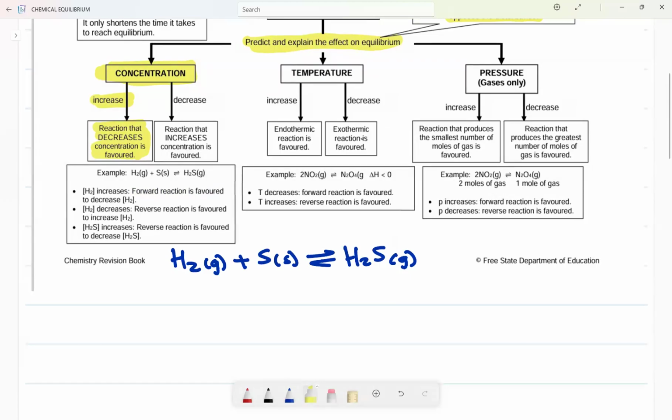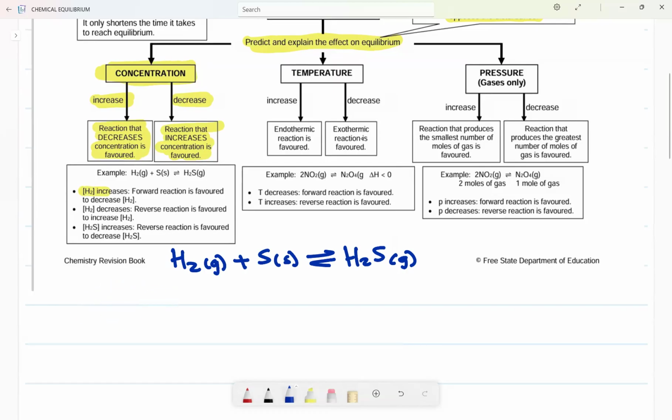We are saying the reaction that decreases concentration is favored if there is an increase. But if there is a decrease, it means the reaction that increases concentration is favored. Now, let me explain this. We're going to be using this bracket for concentration of something.